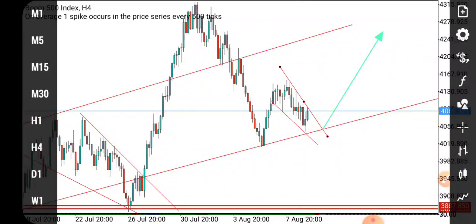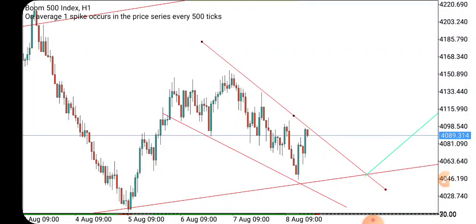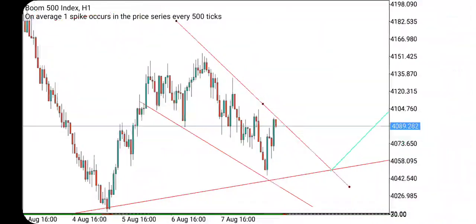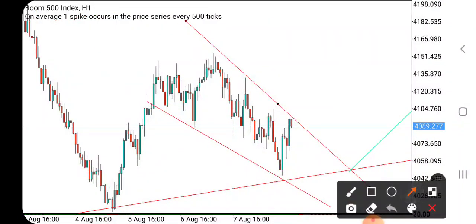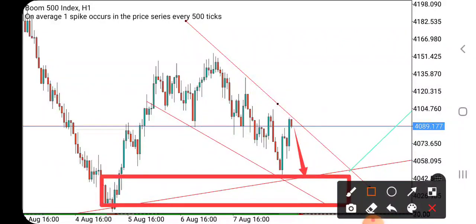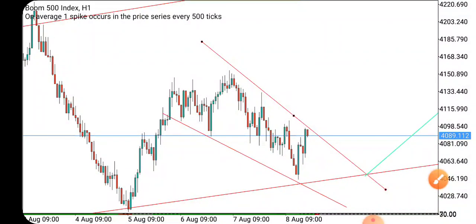If I go to the 1 hour time frame, you can still see the retracement is ongoing. Probably it is going to touch here. Then if it touches here, we are going to be taking it from there to the upside, to complete the second leg of the W pattern. Or a strong spike might come now.